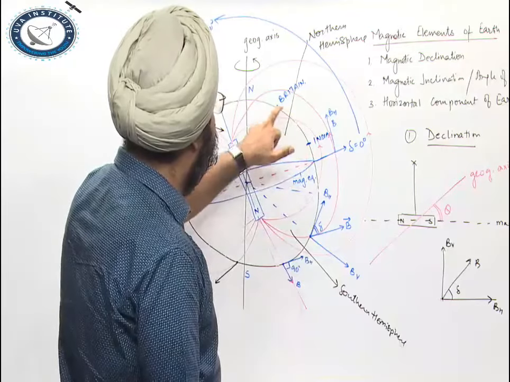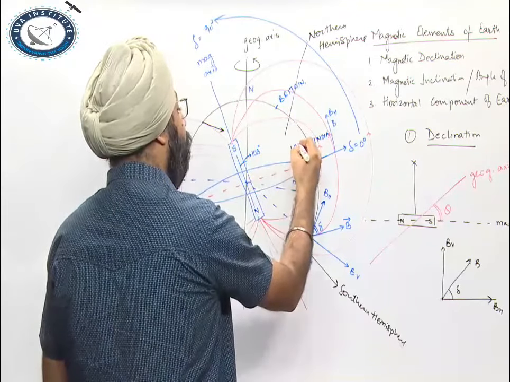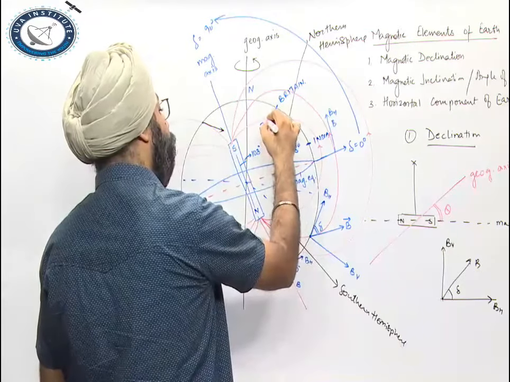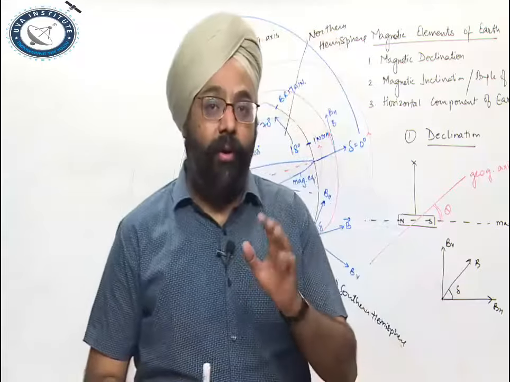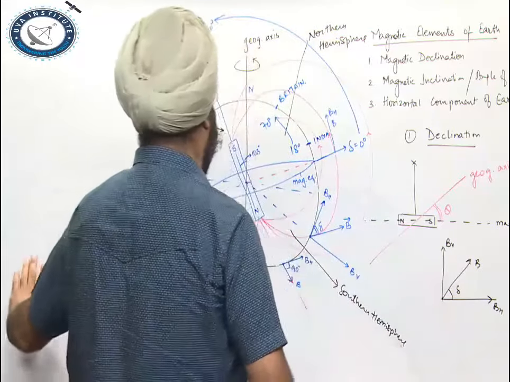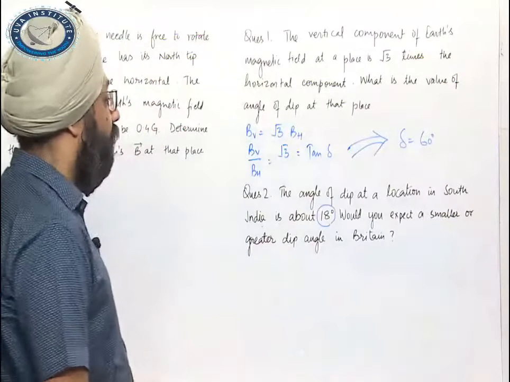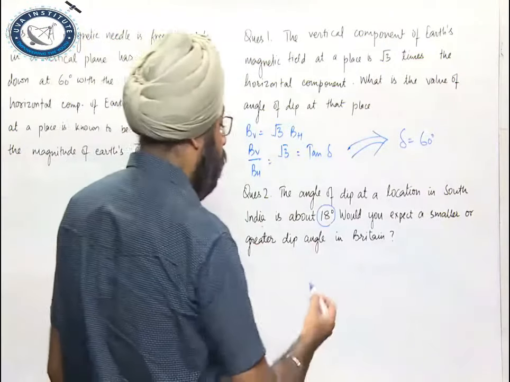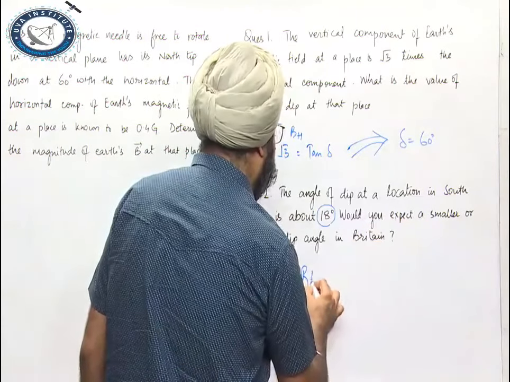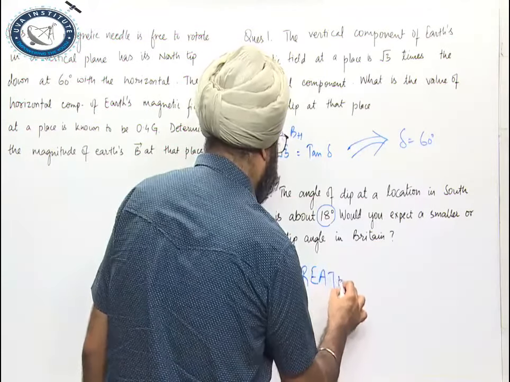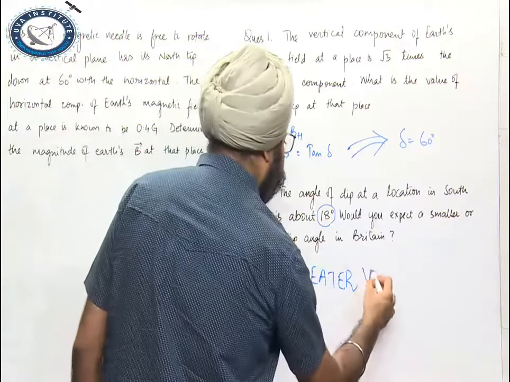As we are moving from India to Britain, if the angle of dip here is 18 degrees, it must be approximately 70 or 60 degrees there, a greater value. You need not remember the whole value, but it's a bigger value. So the angle of dip at a location in South India is 18 degrees, and the value is greater in Britain.